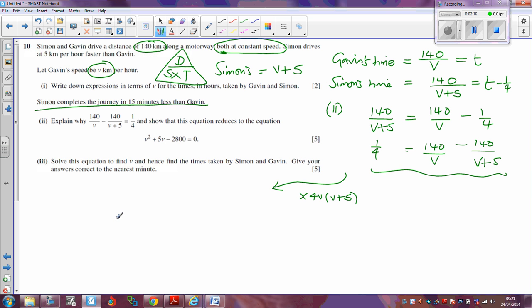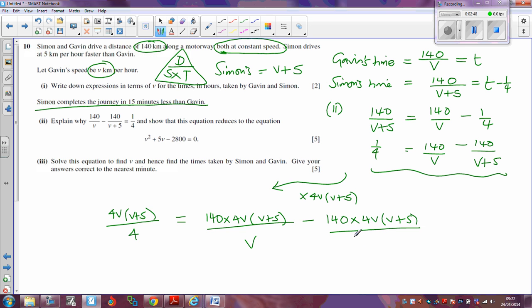So on the left-hand side, I've got a quarter, so 4v times v plus 5 divided by 4, is equal to 140 times 4v brackets v plus 5, divided by v, minus 140 again times 4v brackets v plus 5, divided by v plus 5.